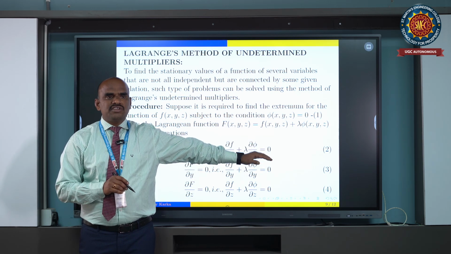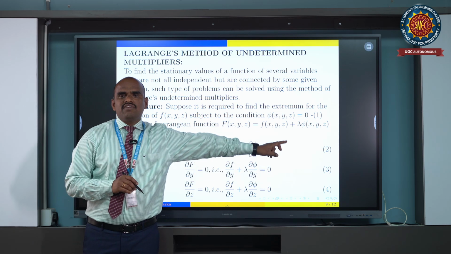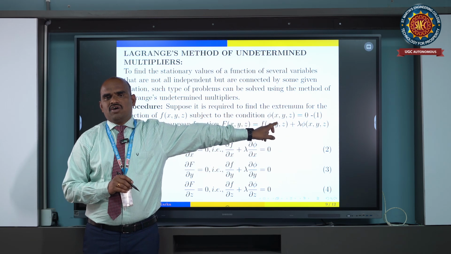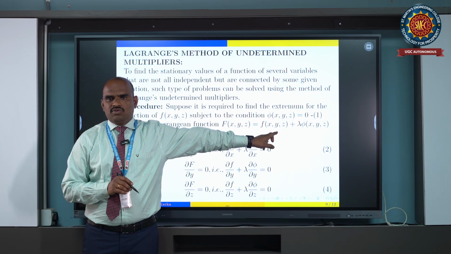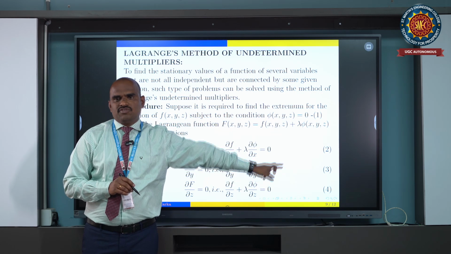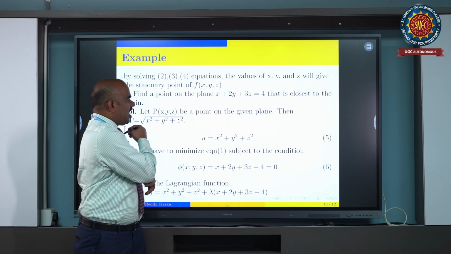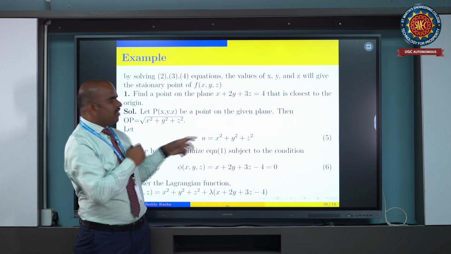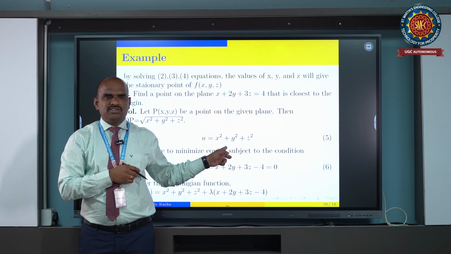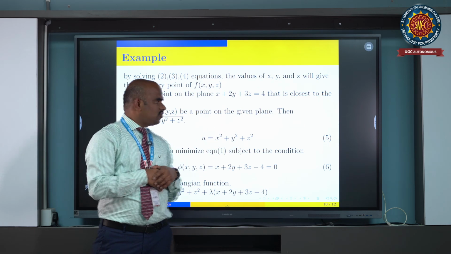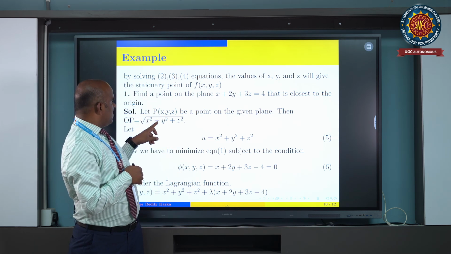So using these three equations, equations 2, 3, 4, and equation 1, that is phi of x, y, z equal to 0, by solving them we can get the value of lambda. From that we can get the values of x, y, z. At that point the function will have the stationary value.